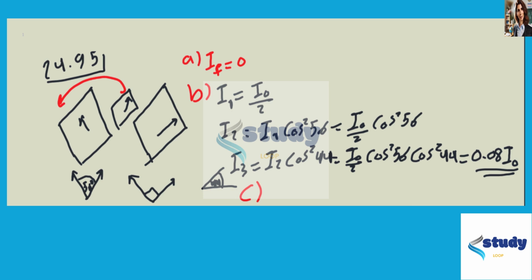So for the third case, I final is again just 0. The main reason is that the light passes through two perpendicular polarizers successively. The light cannot go through two polarizers that are at right angles to each other successively.